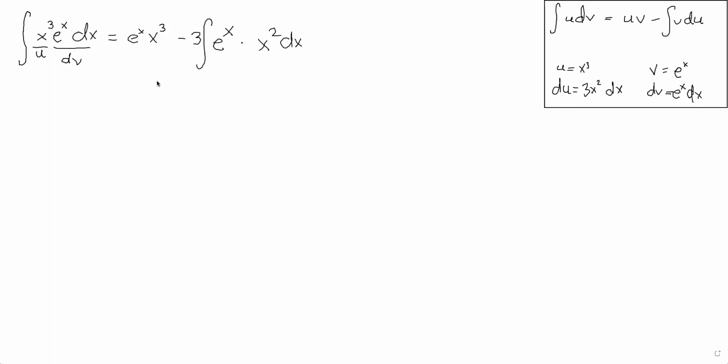So we are going to write it like this. It's going to be e to the x times x cubed minus 3. And then instead of writing this integral, I'm going to put brackets to show that we're doing another iteration of integration by parts. So once again, we're going to choose another u, and we're going to choose another dv.